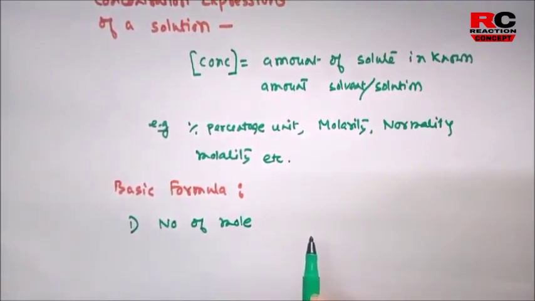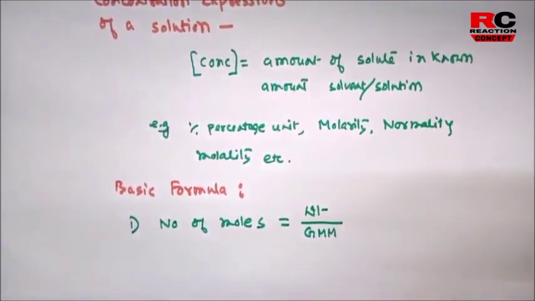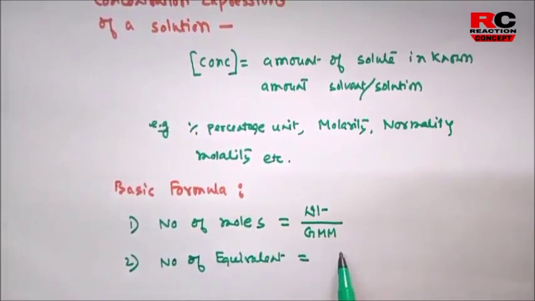Number of moles of a substance is equal to the given weight of the substance divided by the gram molecular mass of the substance. Similarly, the number of equivalents of a substance is the given weight divided by the gram equivalent mass of the substance.